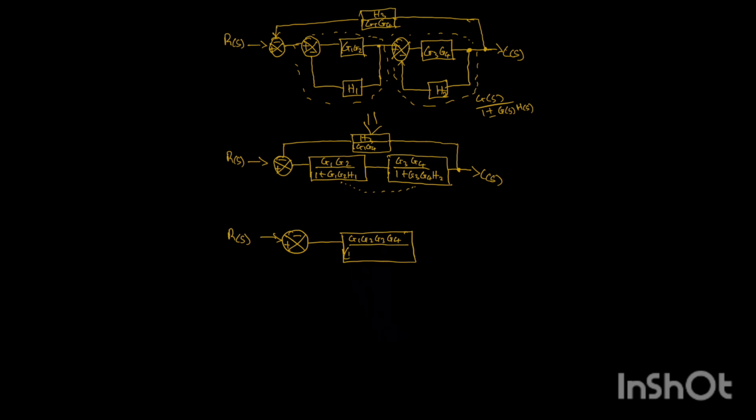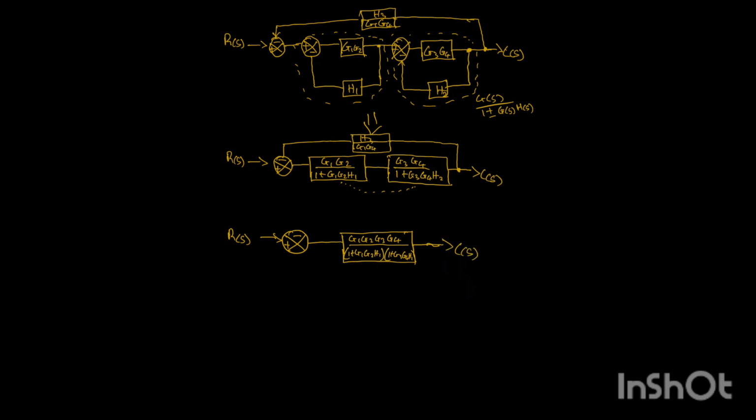Into bracket 1 plus G1, G2, H1 into bracket 1 plus G3, G4, H2. Sorry for the space. So this is our C of X.